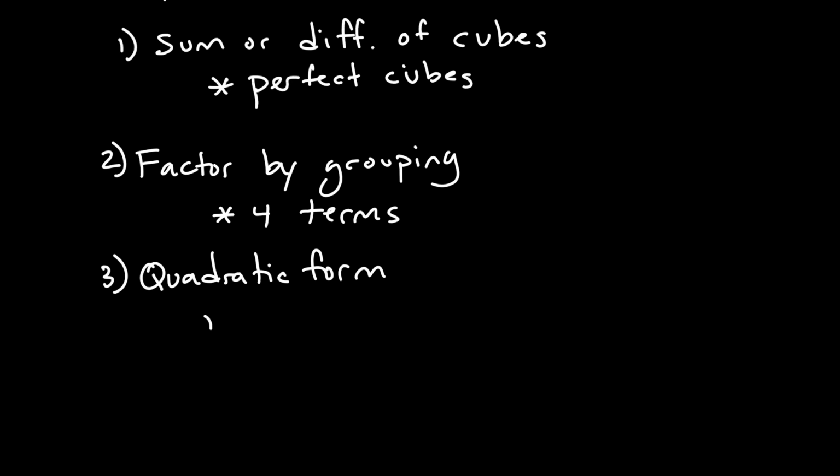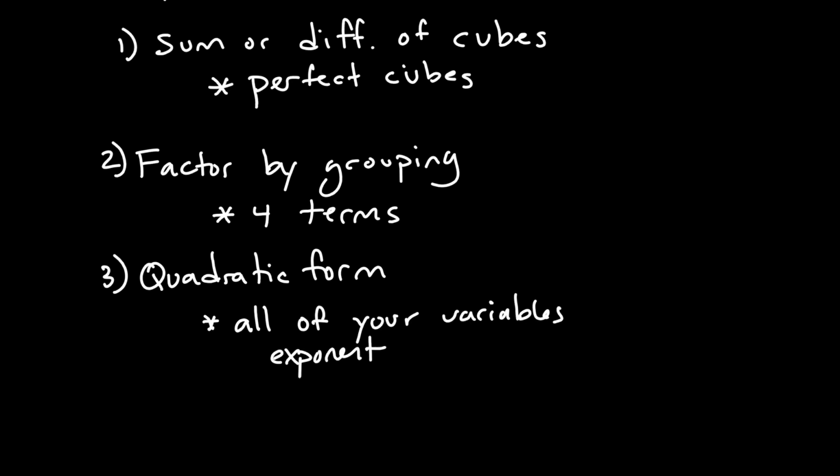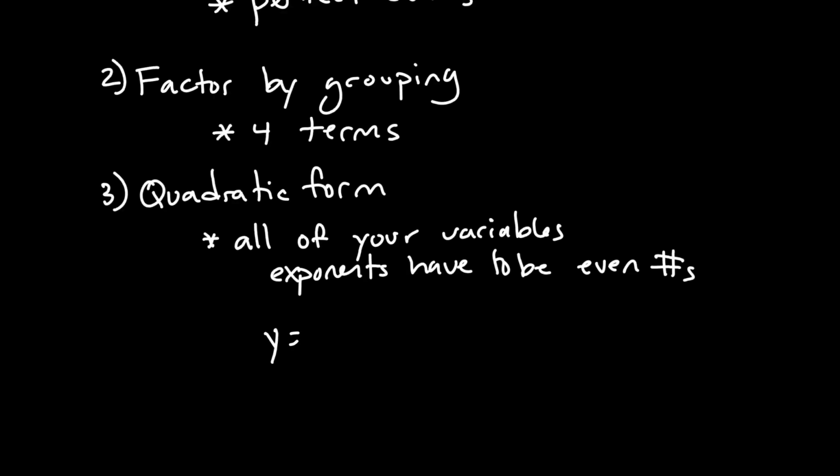I am going to tell you that in order to use quadratic form, your leading term, well, actually all of your variables' exponents have to be even. For example, if I had y equals x to the 4th plus 2x squared plus 3, I can use quadratic form to factor this.